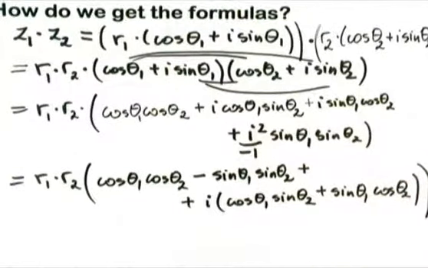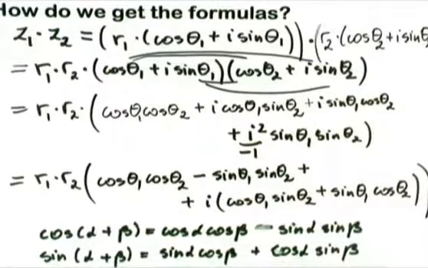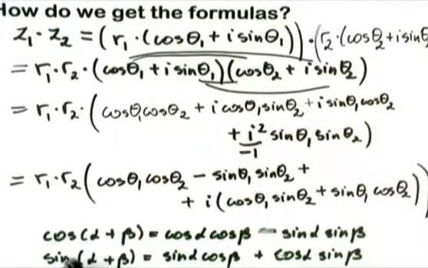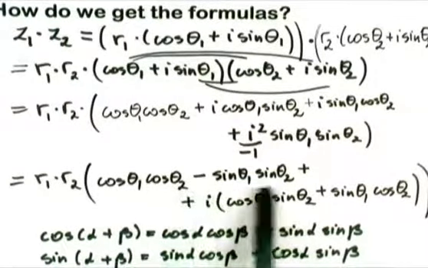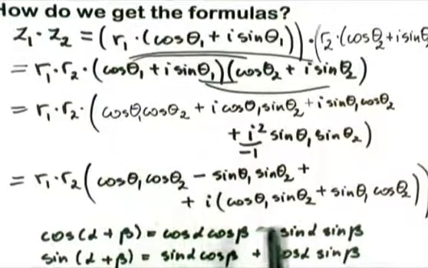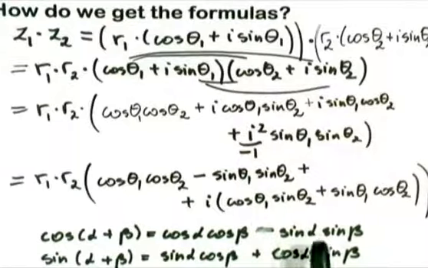And now we're going to apply the formulae that we had some time ago. If we look closely, cos (alpha plus beta) is nothing else but cos alpha cos beta minus sine alpha sine beta. That's basically this first part. We have cos cos, sine sine.